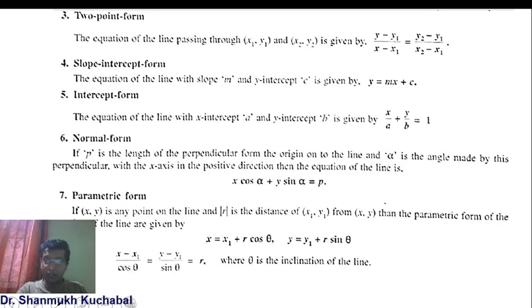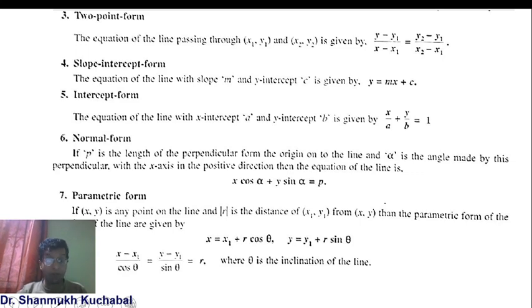The normal form of the equation is x cos alpha plus y sin alpha equal to p. Here p is the length of the perpendicular from the origin, and alpha is the angle made by this perpendicular with the x-axis in the positive direction. Then the equation of the line is given by that formula.